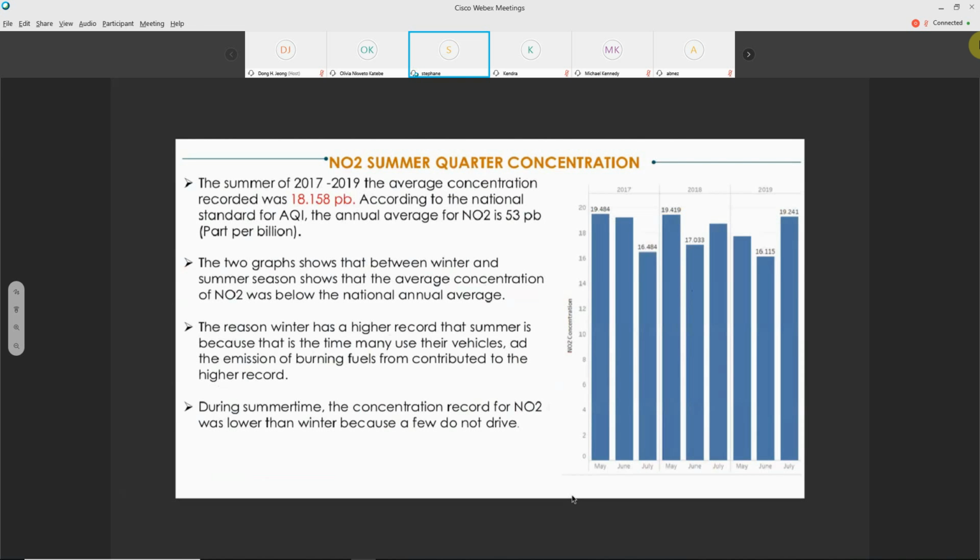The reason why winter has the higher record than the summer is because that is the time many use the vehicle, and the emission of burning fuel contributed to the higher record. During the summertime, the concentration recorded for NO2 was lower than the winter because fuel does not drive as much.